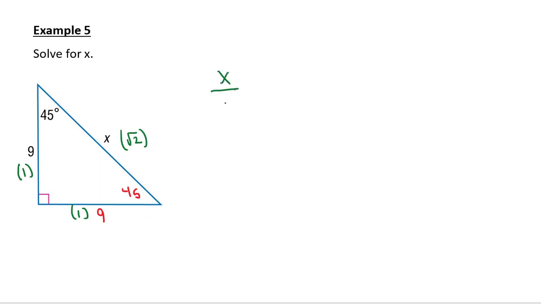So x is to root 2 as 9 is to 1. I cross multiply. And again, remember on the last slide, I just told you the hypotenuse is always leg times root 2. So you could have easily put that if you wanted to.